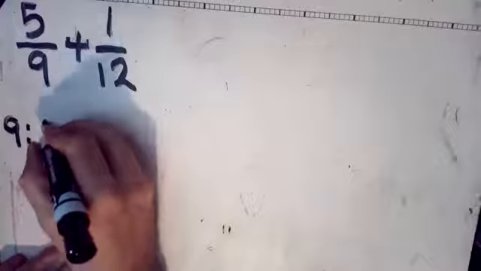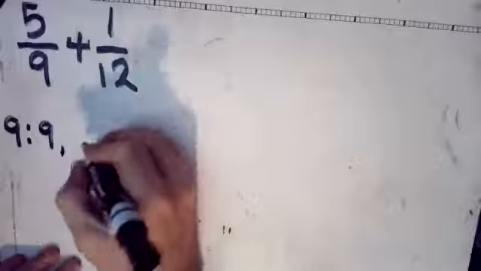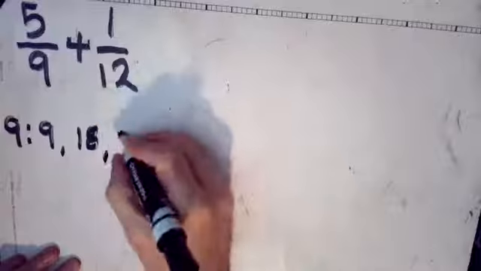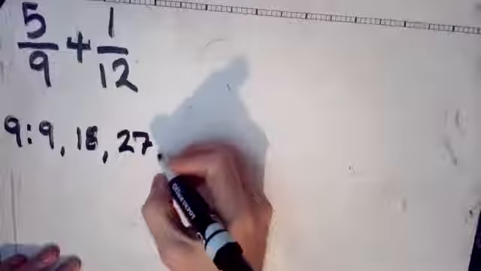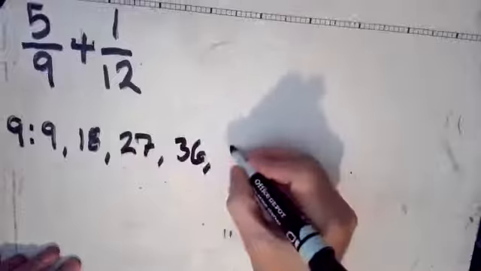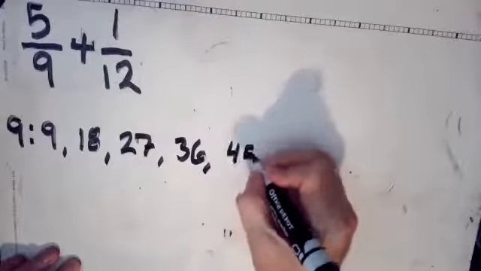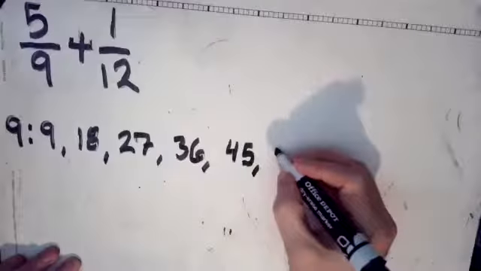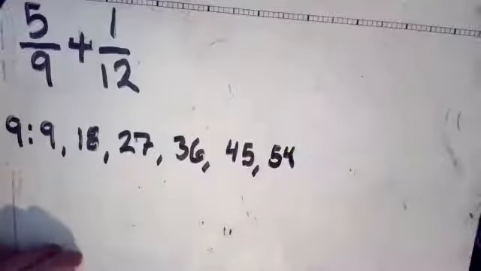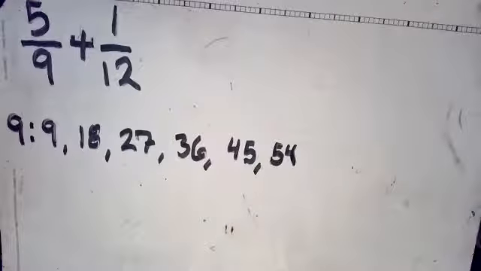I'm going to go 9, 18, 27, 36, 45, 54. And I'm going to stop there. If I find out I need more, I'll add in some more.